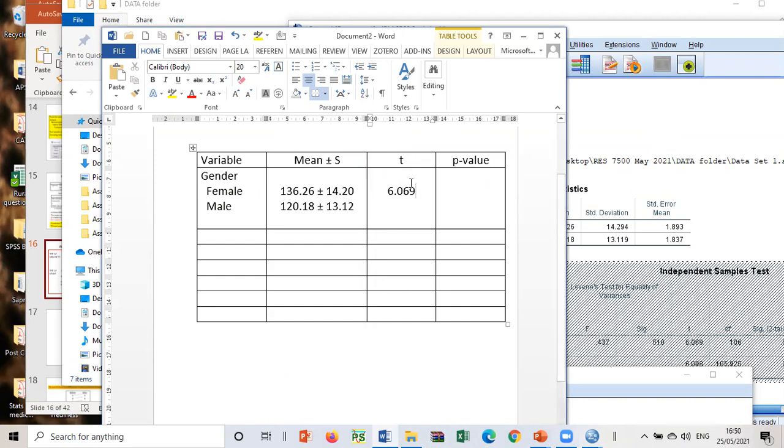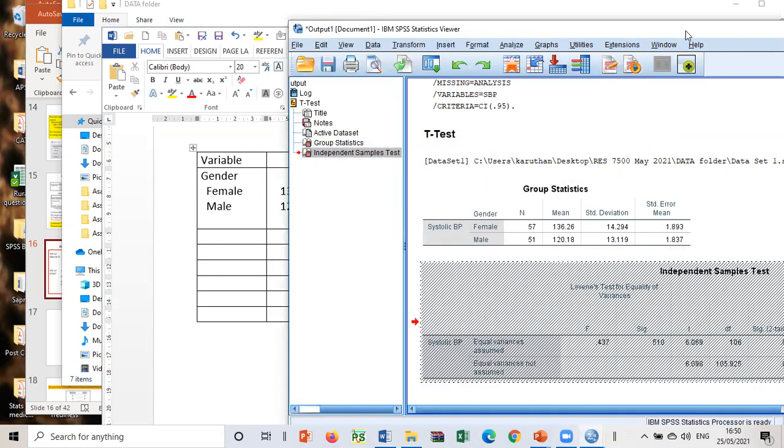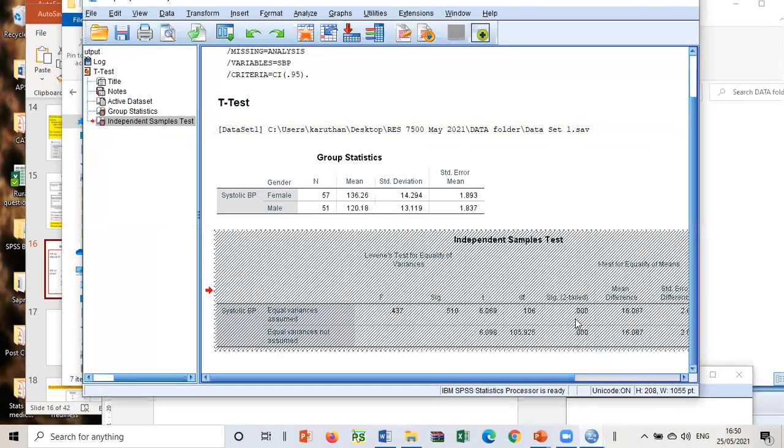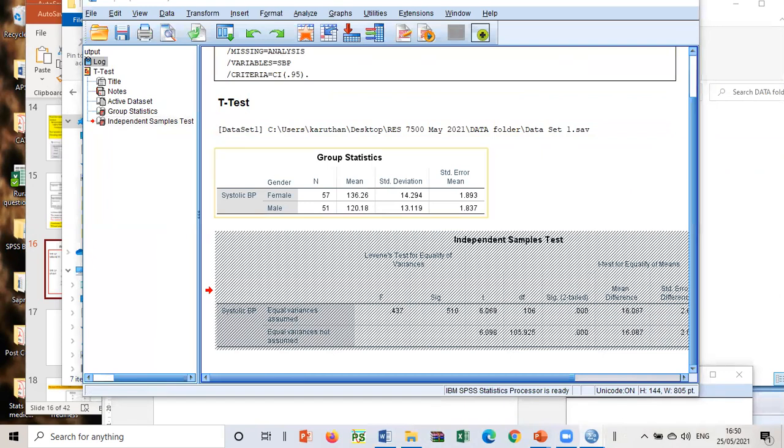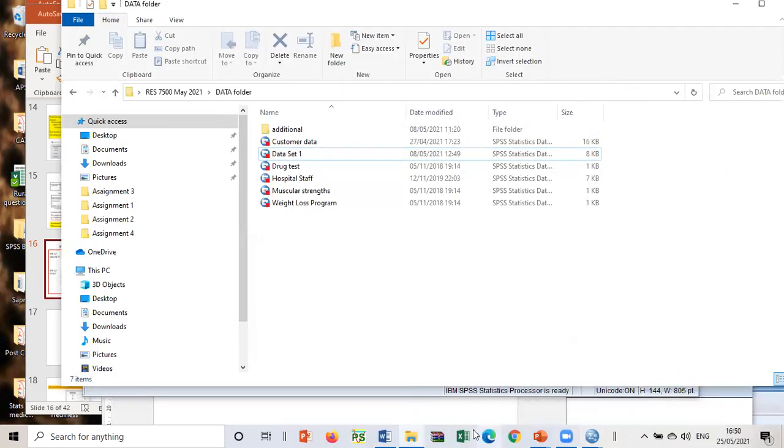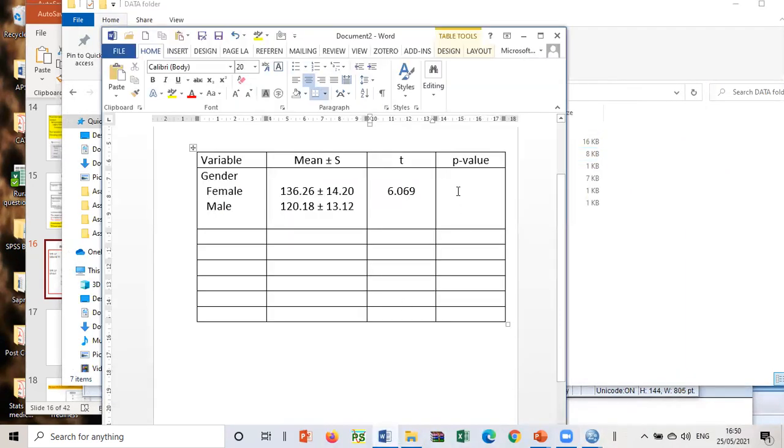Right. 3 decimals. P value less than 0.001.